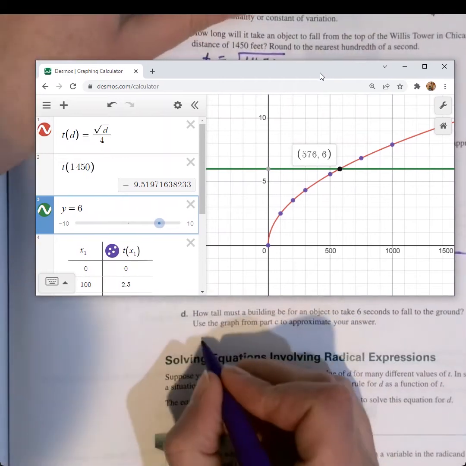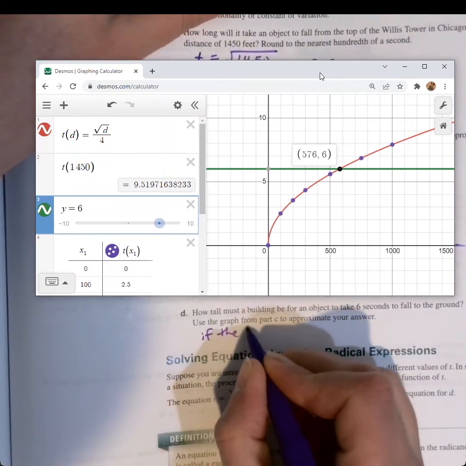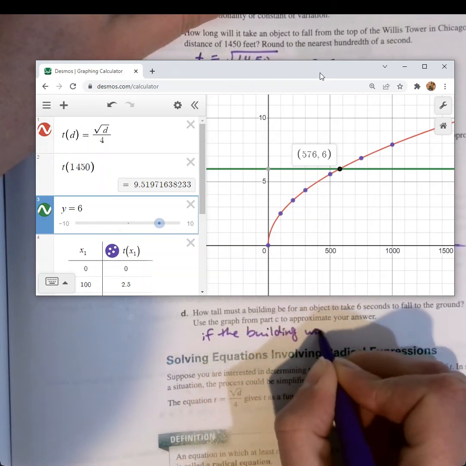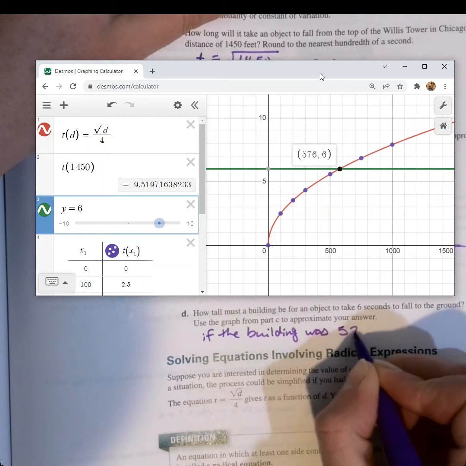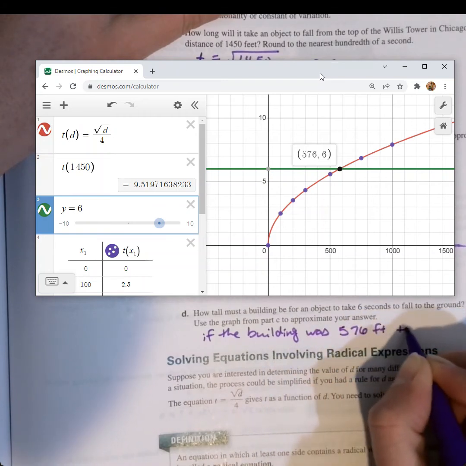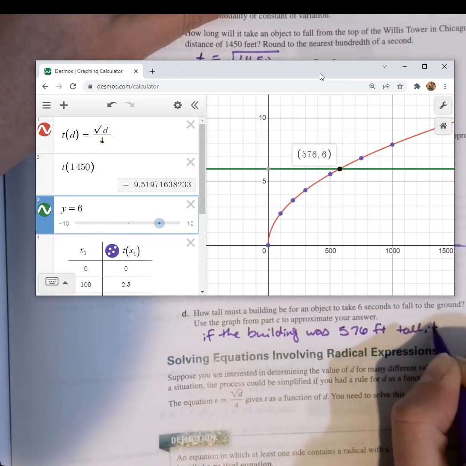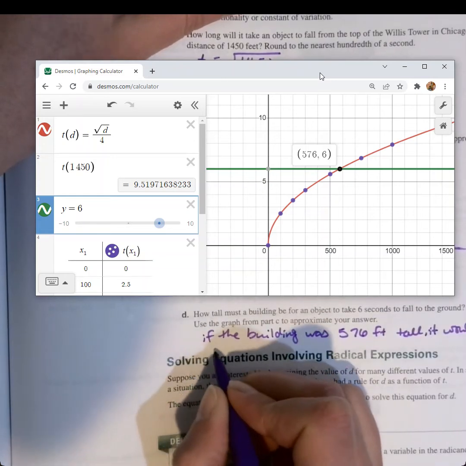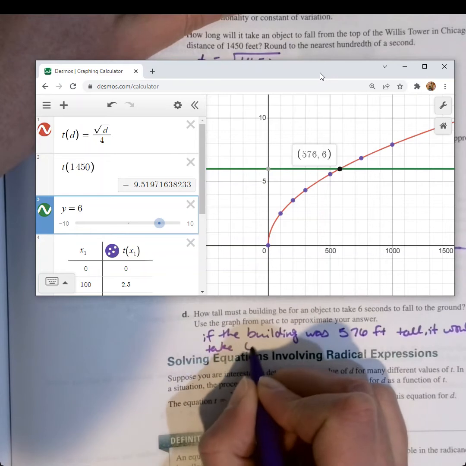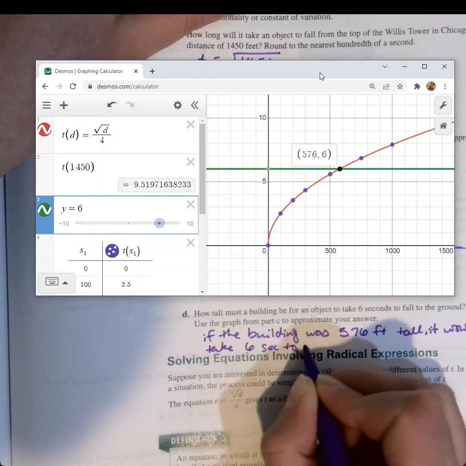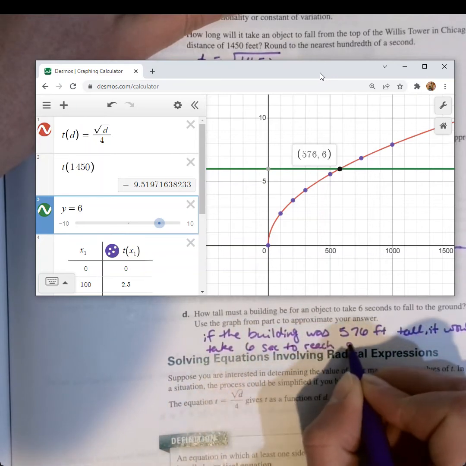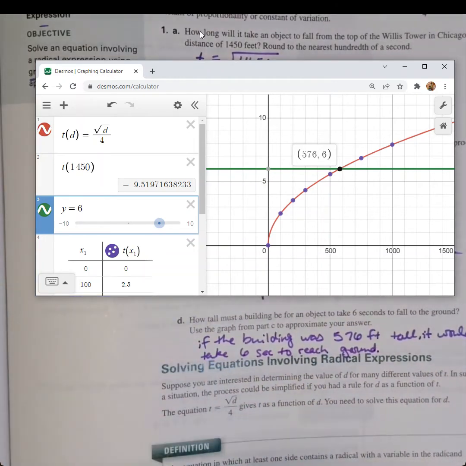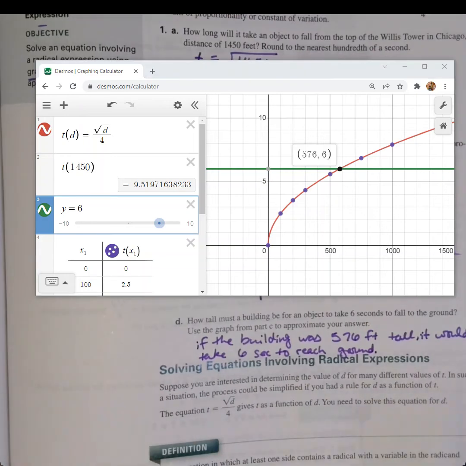So if the building was 576 feet tall, it would take 6 seconds to hit the ground. So we solved that graphically.